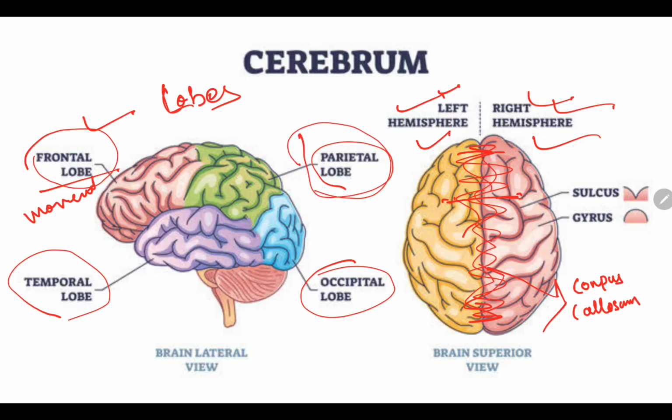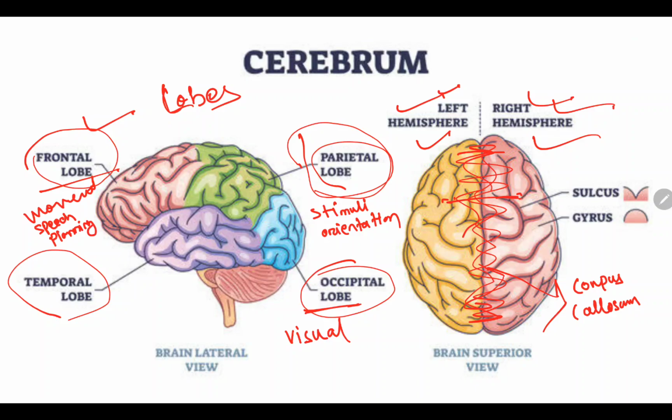The parietal lobe is responsible for the perception of stimuli and orientation. The occipital lobe is only related to visual processing. Visual processing means to know the shape, size and type of the material.